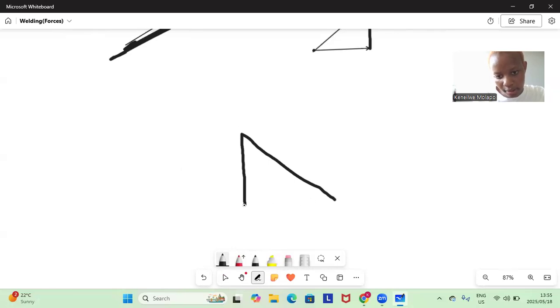This is your triangle here. Since you have a triangle, this goes in this direction, and also this. This one will also go that way. So here is your head and here is your tail.